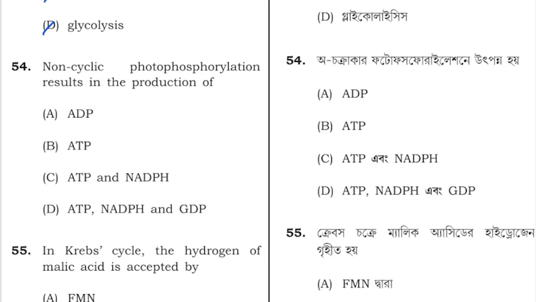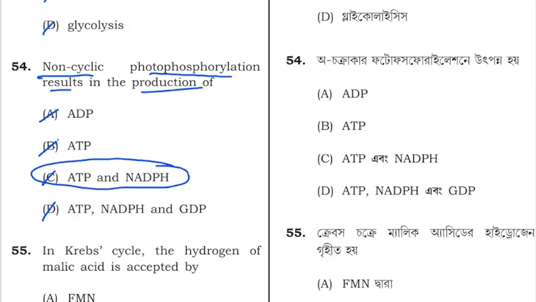Next question says, non-cyclic photophosphorylation results in the production of ADP, ATP, ATP and NADPH, ATP and NADPH, or GTP. So the correct answer is ATP and NADPH.